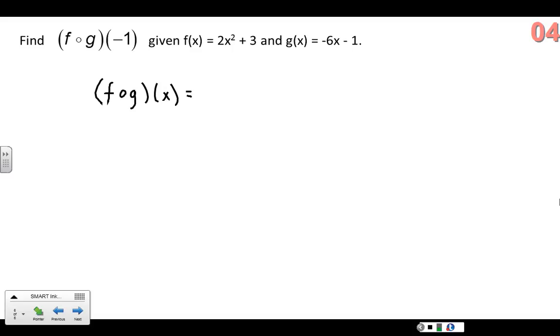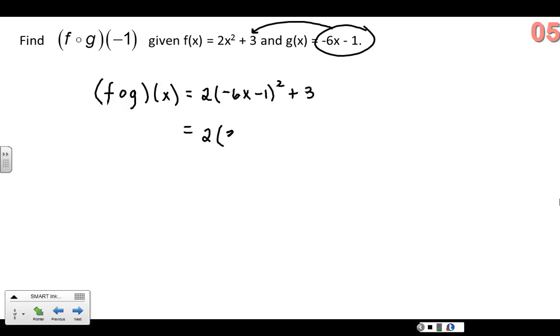So we're going to pick g up and replace it in for the variables of f. So that would be 2 times (negative 6x minus 1) squared plus 3. Simplifying that out, we get 2 times. We need to square the binomial, so that will be 36x squared.